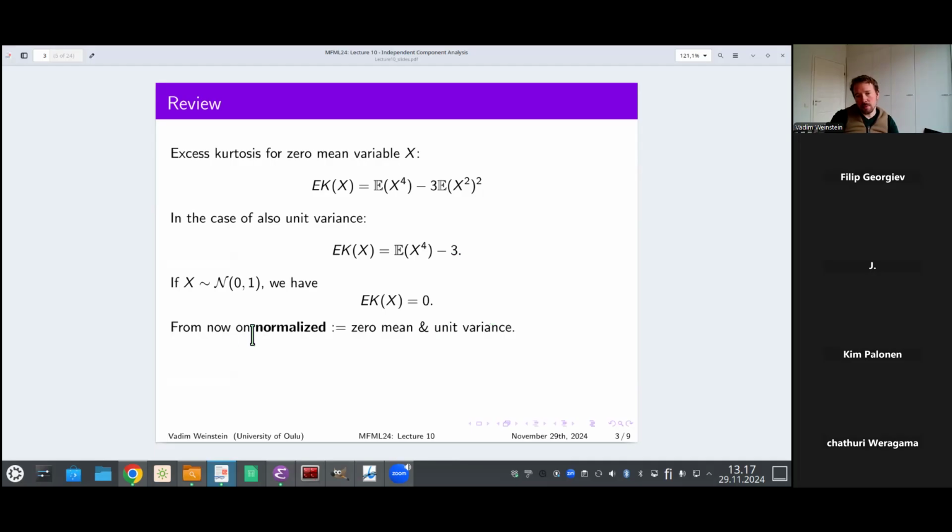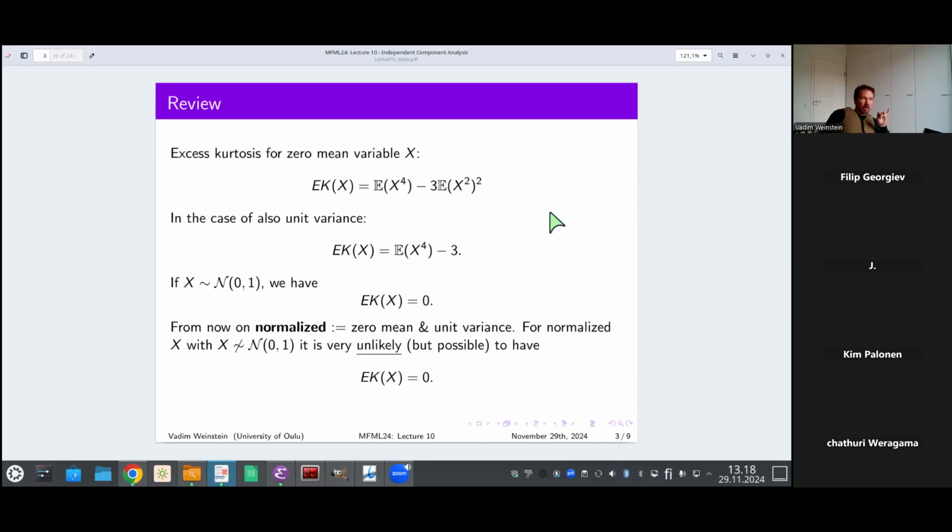As I said before, normalized means zero mean, unit variance. If it's not normally distributed, I mean normalized but not normally distributed, then it's very unlikely that the kurtosis is 0.